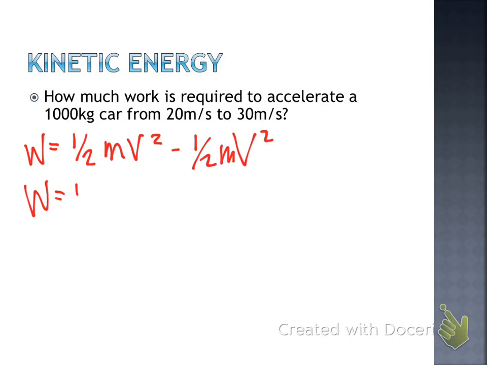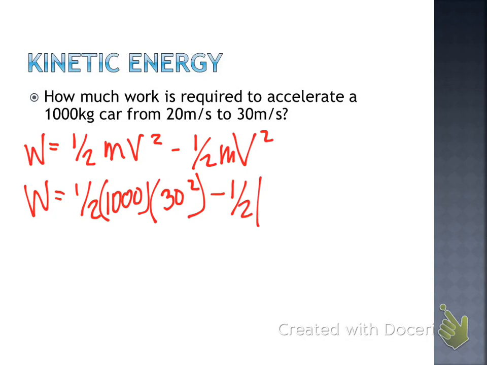So our work is equal to 1/2 times 1,000 times 30 squared, because that's our final, minus 1/2 times 1,000 times 20 squared.